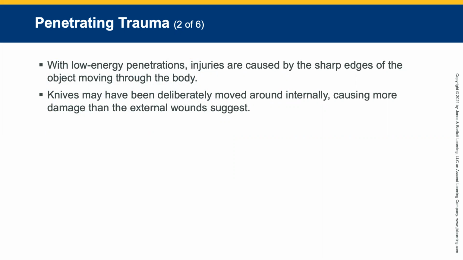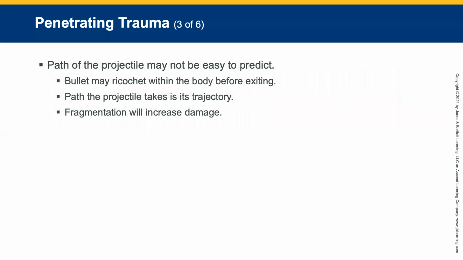So if I stab you and I start shaking it around, or if I have a blade with jagged parts on the end, like a cutting blade, those can also cause more injuries. With medium and high velocity penetrating trauma, which is speed, the path of the projectile, usually a bullet, may not easily be predicted.